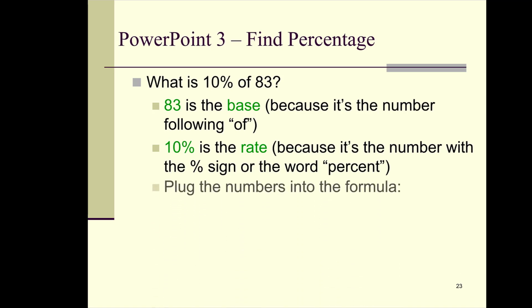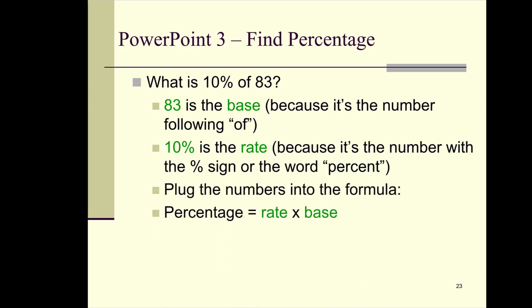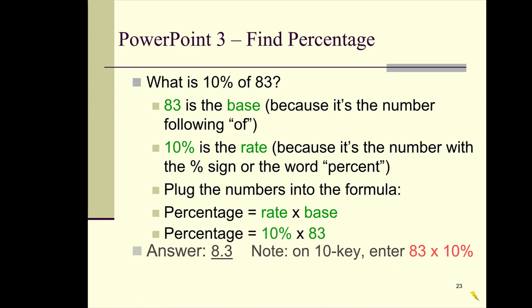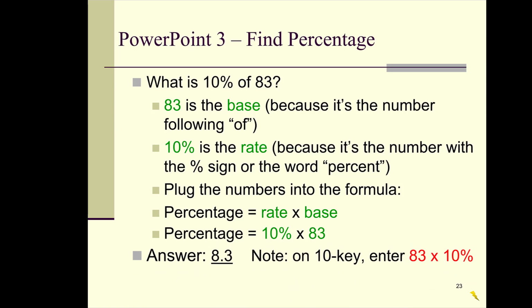So we're going to plug those into the formula. So the formula becomes percentage equals 10% times 83. So on your calculators, you can calculate that as 83 times 10 and then hit the percent key, and you should get 8.3. Now you could enter the numbers the other way too. You could enter them as 10 times 83 and then hit the percent key, and you will still get 8.3.